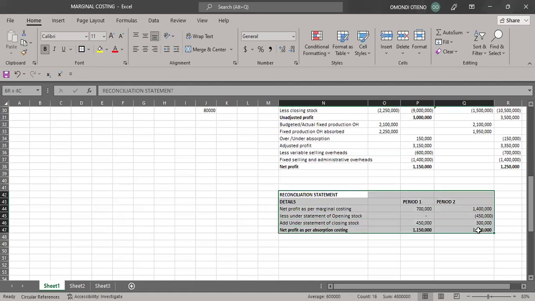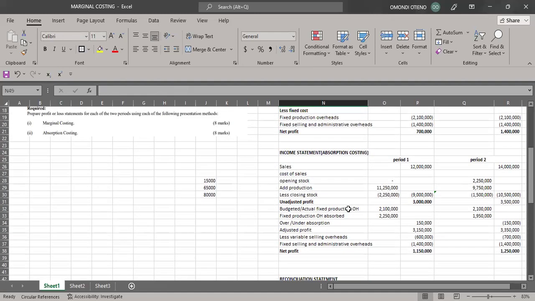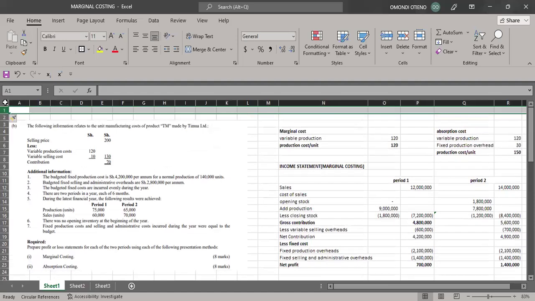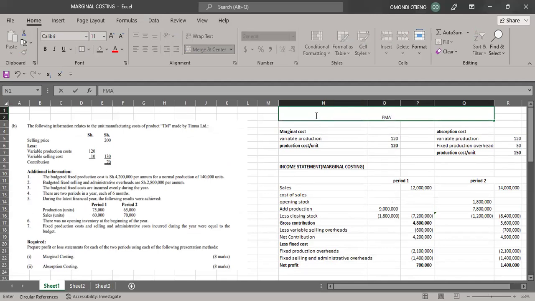Why do we have the differences? So that's how you deal with it. So remember, this concept is covered by 3 groups. The first group to interact with this concept should be those who are taking ATD, that is Fundamentals of Management Accounting.